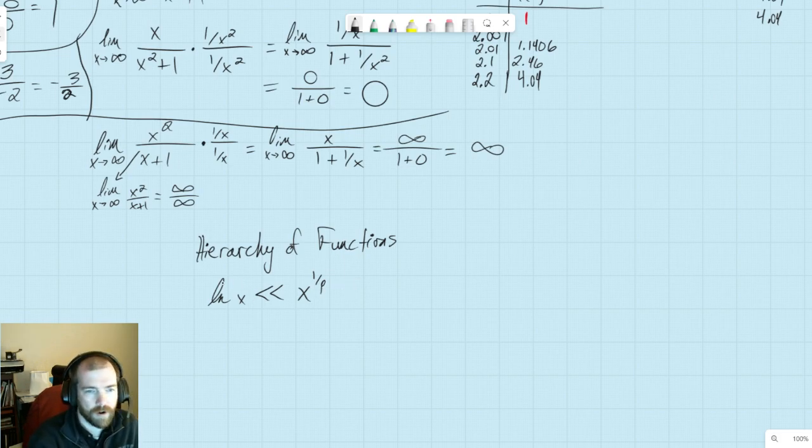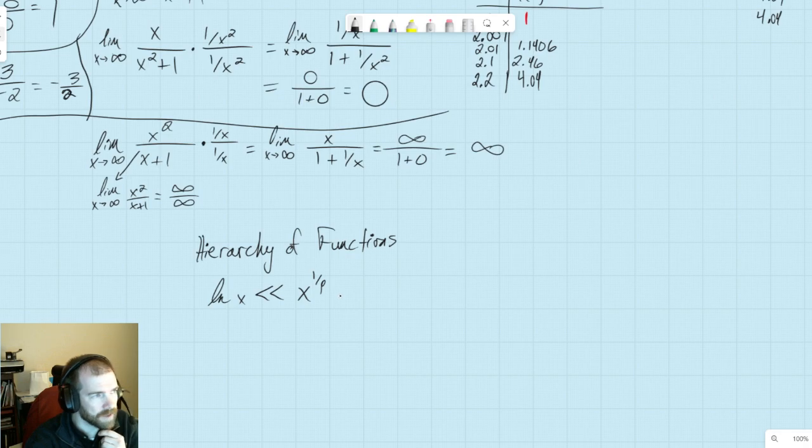So, our natural log grows really slow, much slower than a root function. So specifically, x raised to the 1 over p, or the pth root of x, whatever it might be, is going to grow pretty slowly.